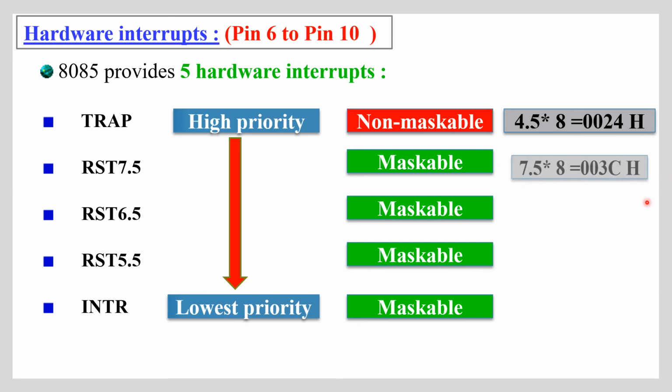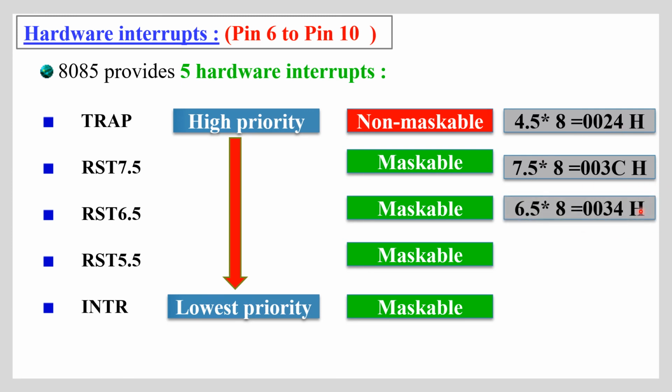Similarly for RST 7.5, that is 7.5 into 8, converted into hexadecimal, it comes out to be 003CH. So when the 7.5 interrupt is interrupting the microprocessor, the control will go to the vector location 003CH.